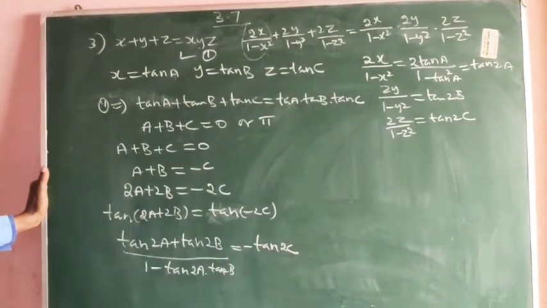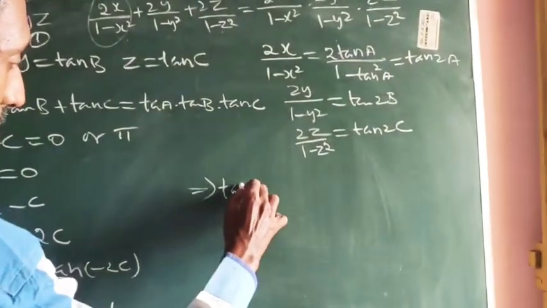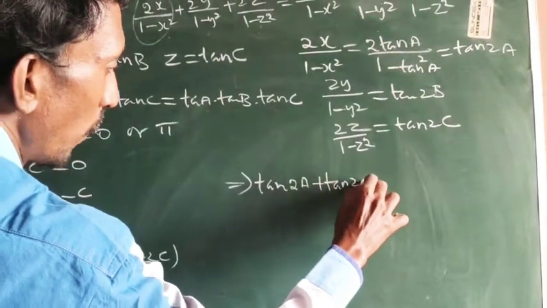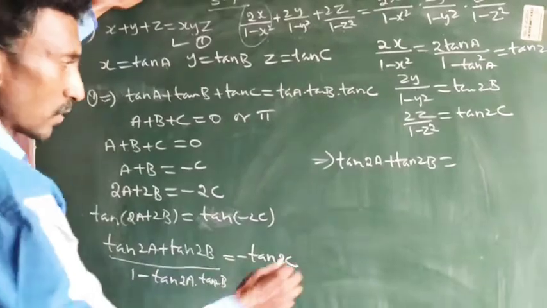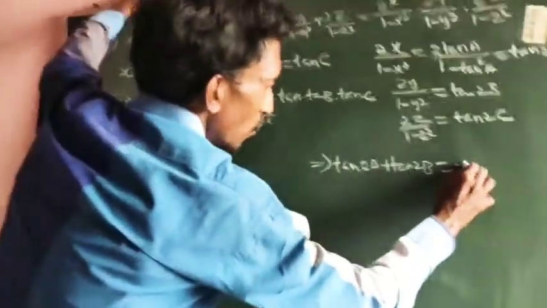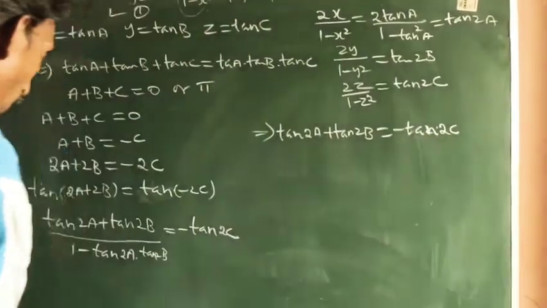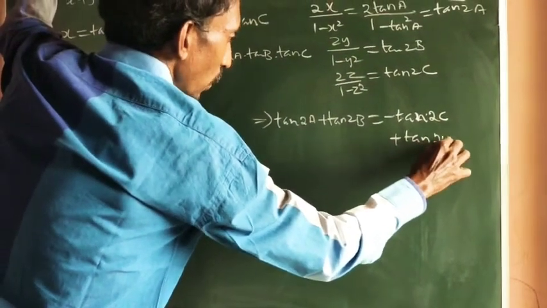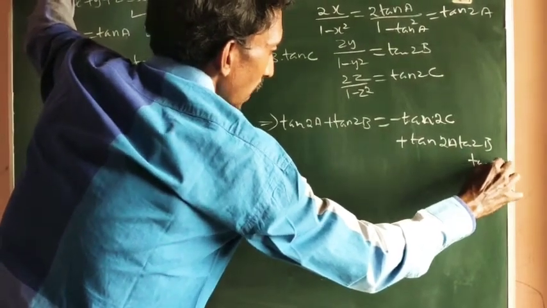Okay. Now just cross multiply. We get tan 2A plus tan 2B equal to, multiplying minus into minus, 1 into minus, so minus tan 2C, and minus into minus plus tan 2A tan 2B tan 2C.